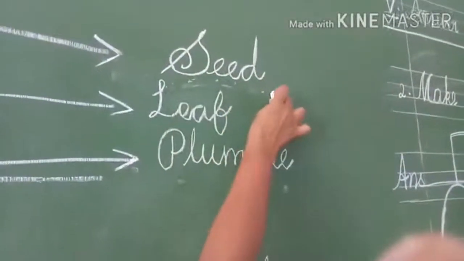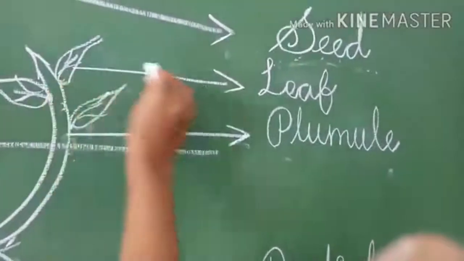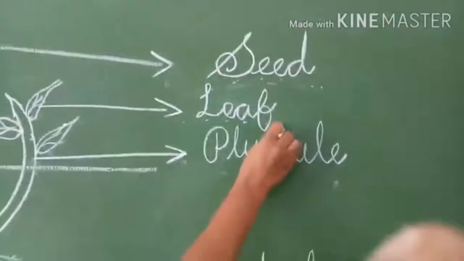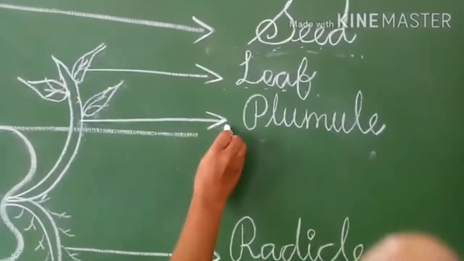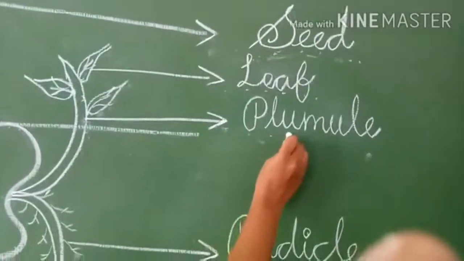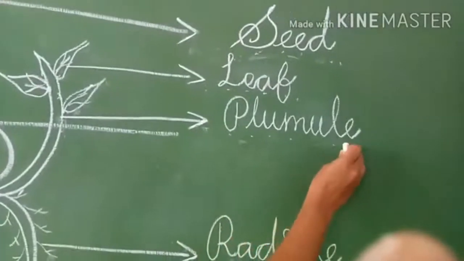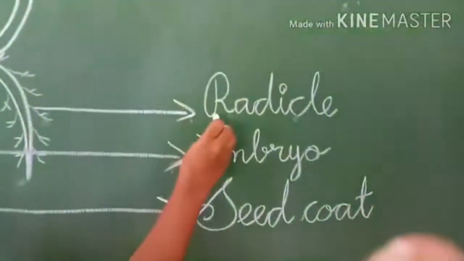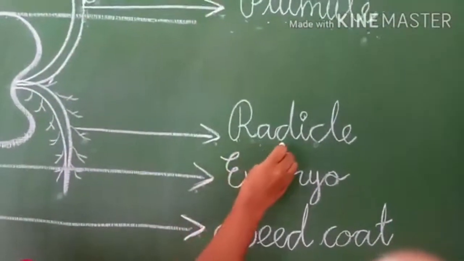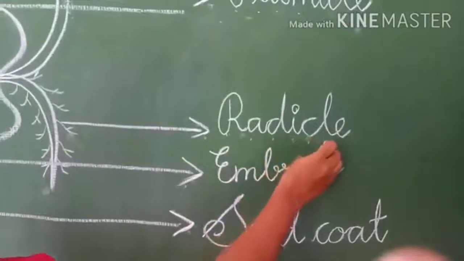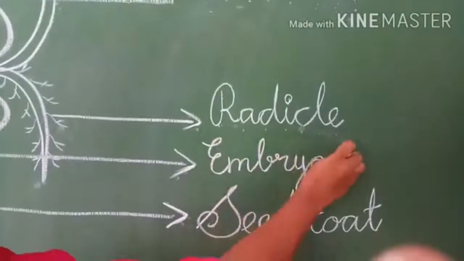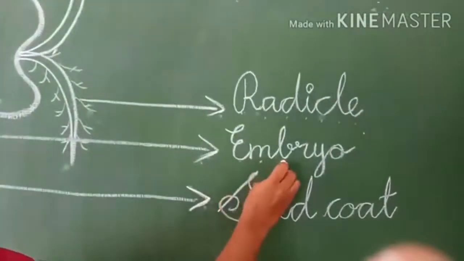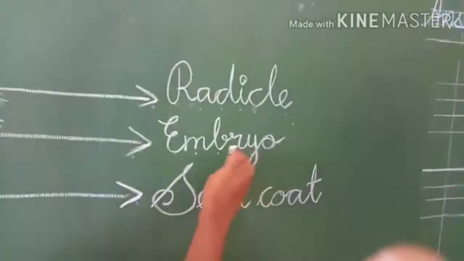S-E-E-D. Seed. Next, leaf. L-E-A-F. Leaf. Next, plumule. P-L-U-M-U-L-E. Plumule. Next, radicle. R-A-D-I-C-L-E. Radicle. Embryo. E-M-B-R-Y-O. Embryo.